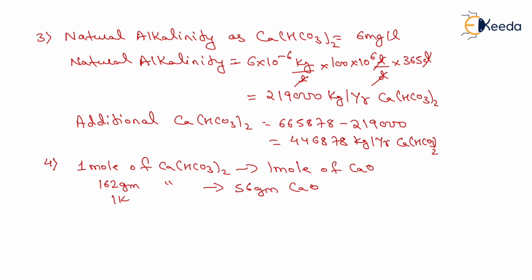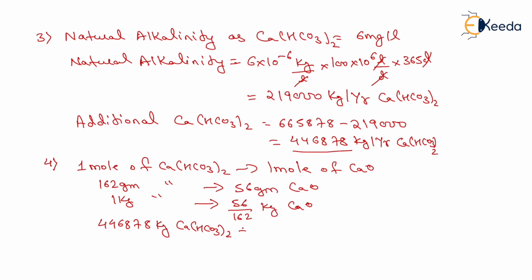So 1 kg of calcium bicarbonate requires 56 divided by 162 kg of calcium oxide. Now how much alkalinity do we want to create? 446878. So for 446878 kg of calcium bicarbonate, what will be the amount of quicklime? It will be equal to 446878 into 56 divided by 162.